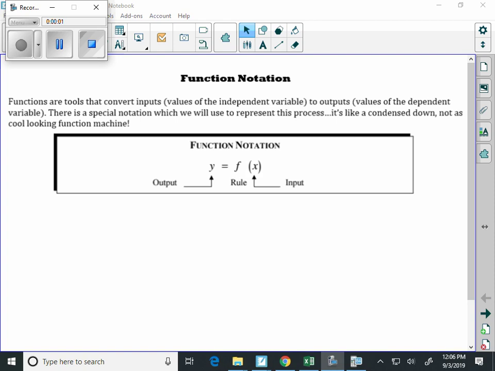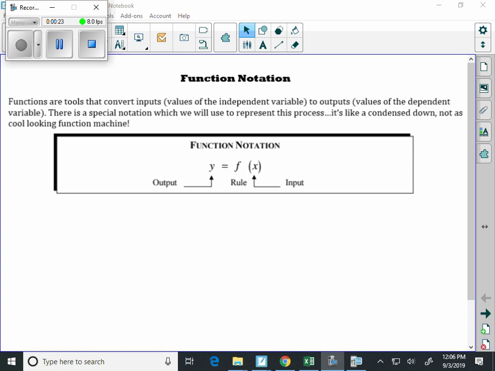Today we're going to talk about function notation, and before we really get into the function notation, I just want to remind us of a couple of definitions that we talked about in our previous notes. We started off with a relation, which is any set of ordered pairs. As part of ordered pairs, we have an x value and a y value.